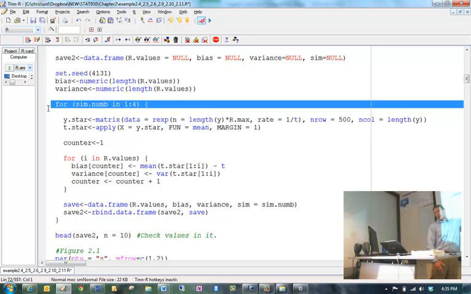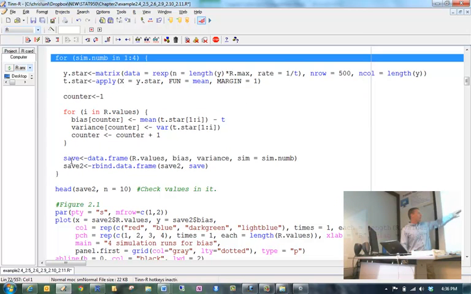Next time it's going to be 20. Next time it's going to be 50, and so on. Subtract off T. Put that into the first position of bias. Do the same thing for variance. Reinitialize my counter. Come back up here. Get the second value of R. Put the results in the second element of bias, and so on.